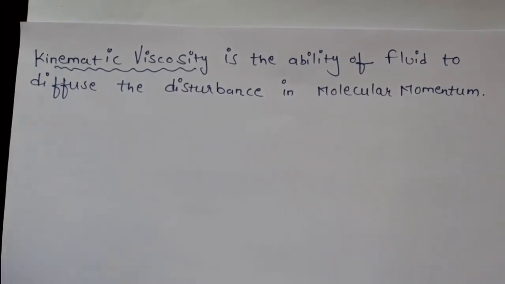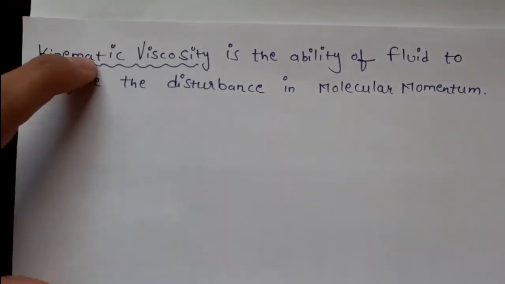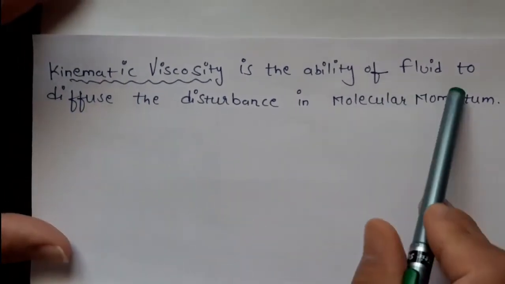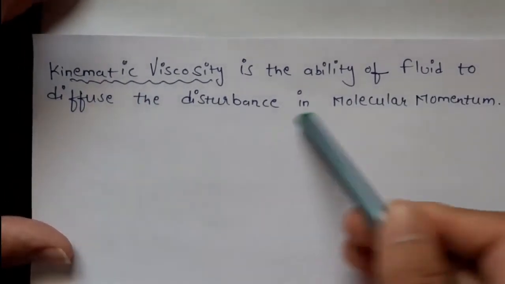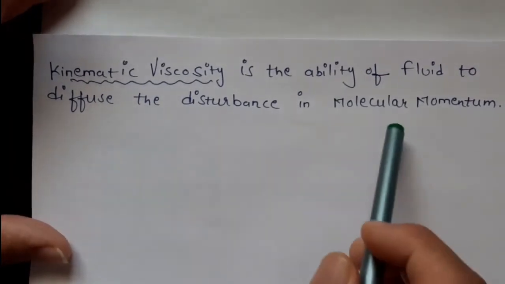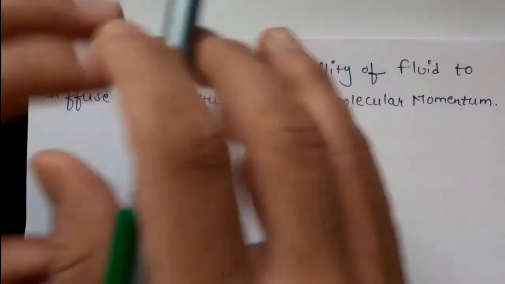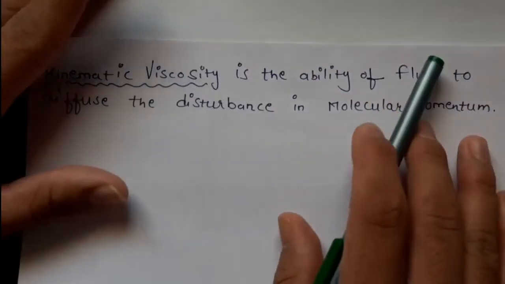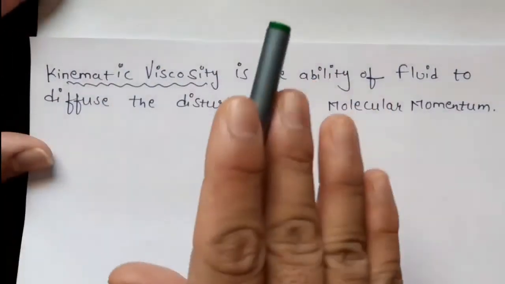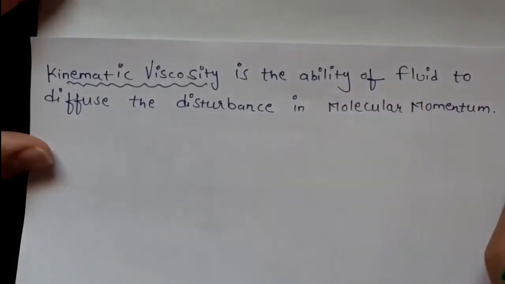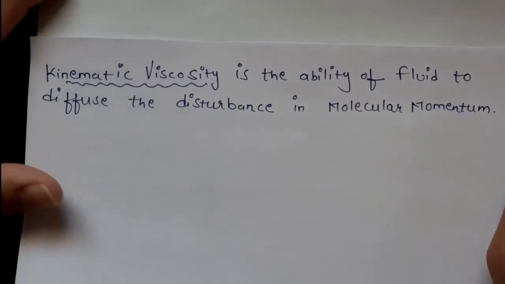Why does this happen? Due to kinematic viscosity. The kinematic viscosity of muddy water is more as compared to that of water. So muddy water has the ability to diffuse the disturbance in its molecular momentum, and there will be less disturbance as compared to the disturbance that occurs in water when we throw a stone.